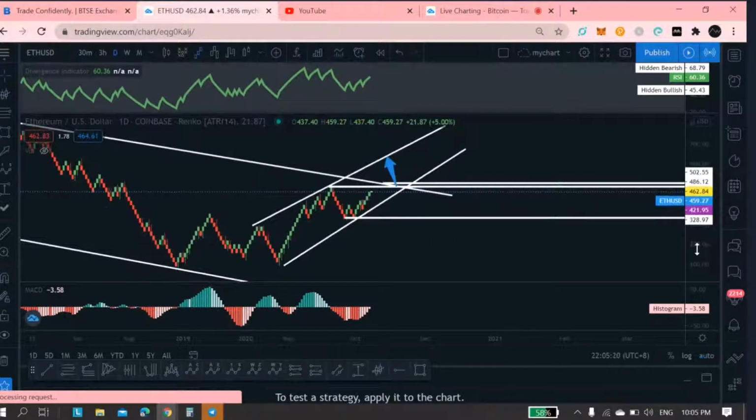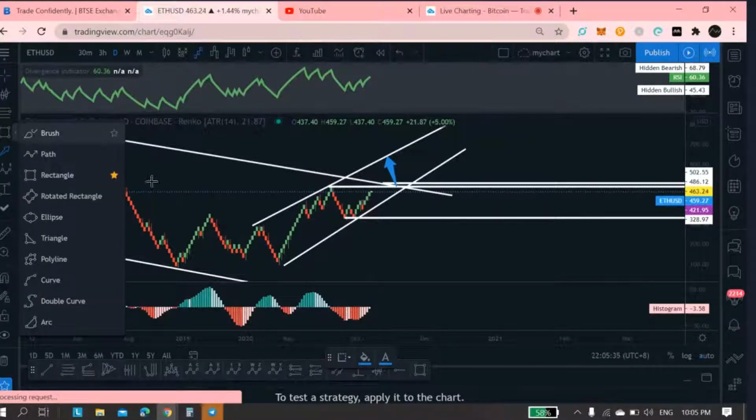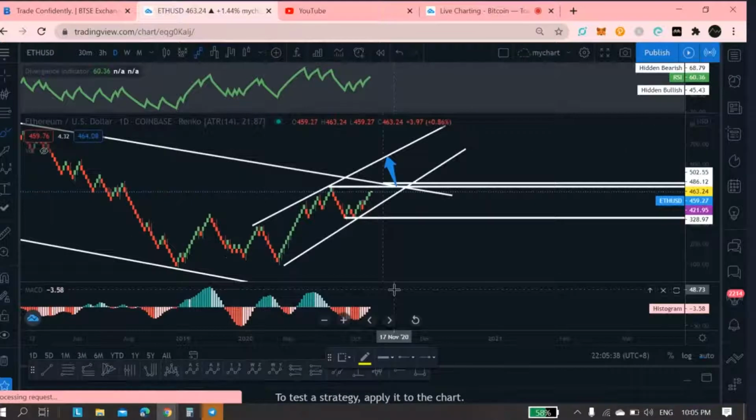Another thing is this one. It's getting lighter and could possibly create a green histogram here. A green histogram is normally positive or going higher.